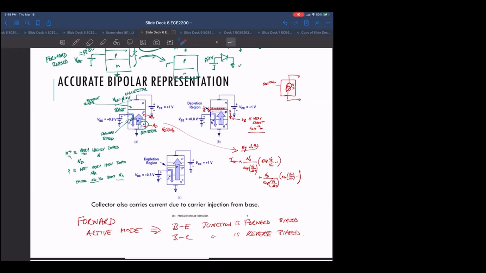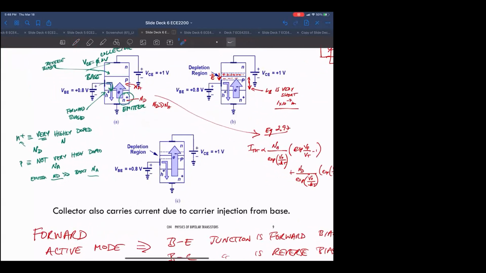So that's how you get this operation, a small current controlling a very large current, or you can think of it as a small voltage controlling a very large current.